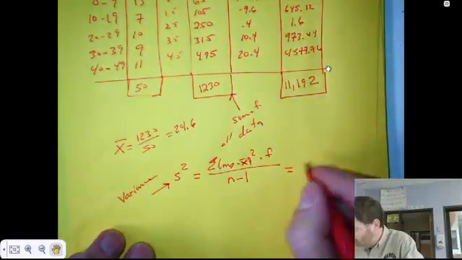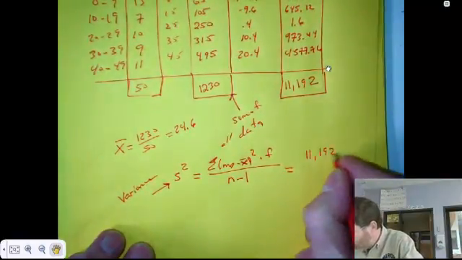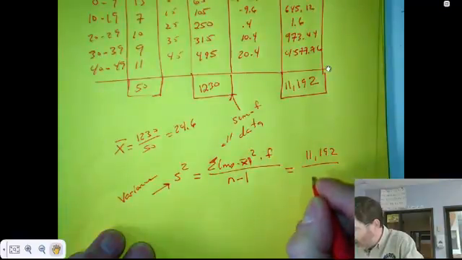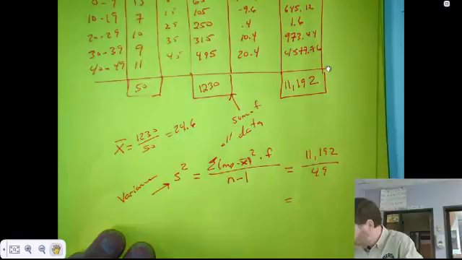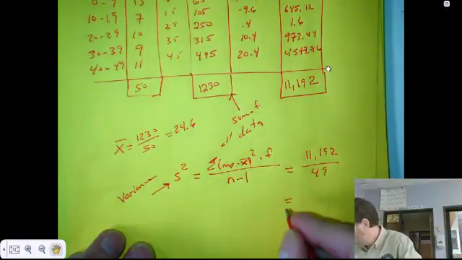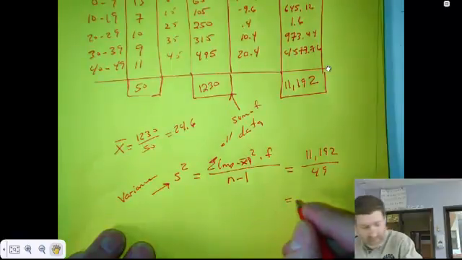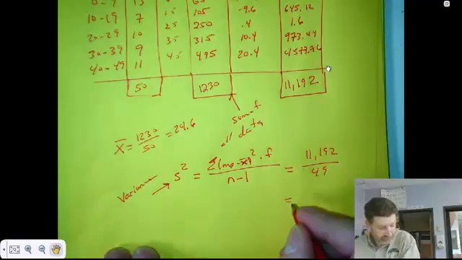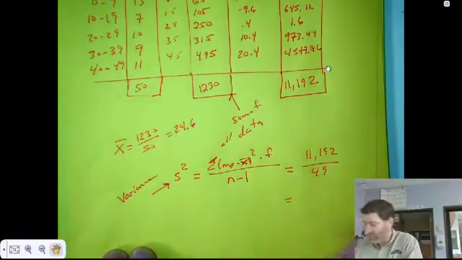So the variance is 11,192 divided by n, which is 50, minus 1 would be 49. And I got 228.41. Now what does the book say it should be? 228.41, yes.